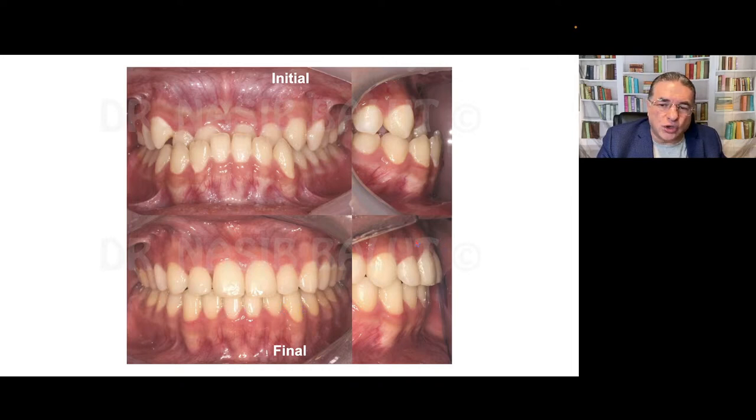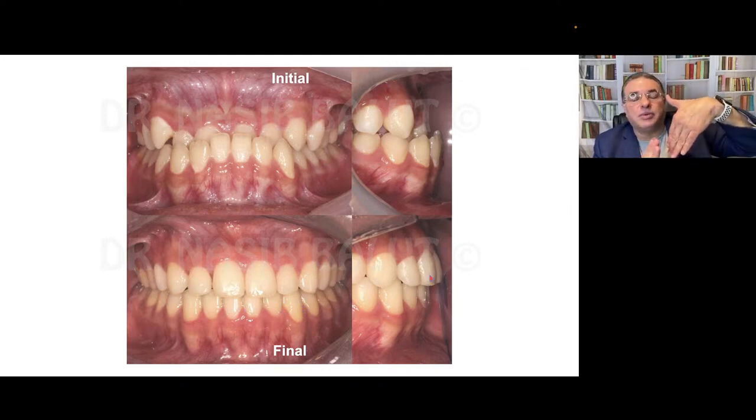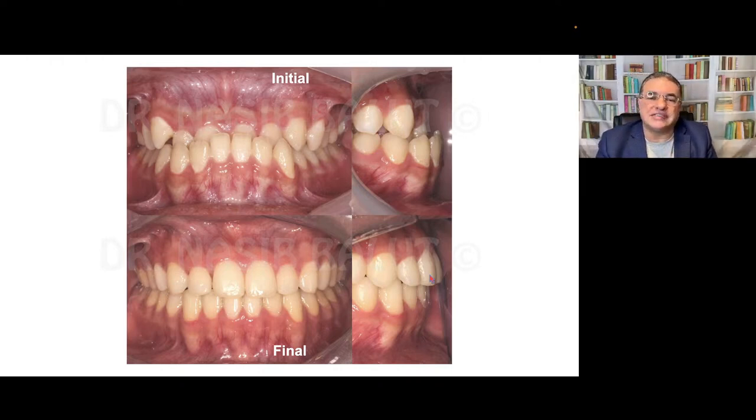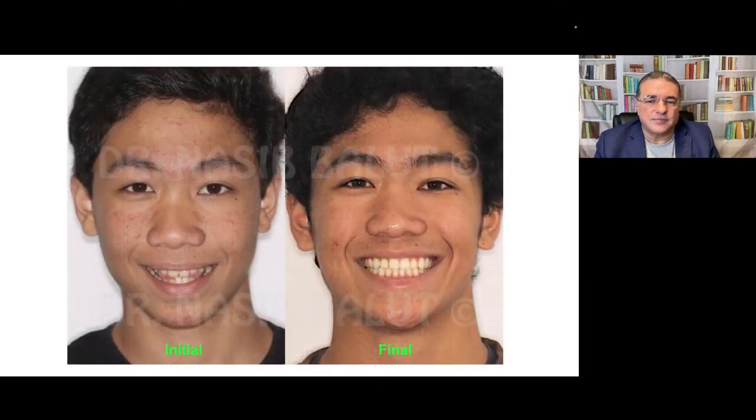Because of the low torque that we were using, I didn't end up with a big pro-inclination of the upper incisors. I'm concerned about the smile aesthetics, as you will see now. Look at him at the end of the treatment. He didn't have that transverse discrepancy.